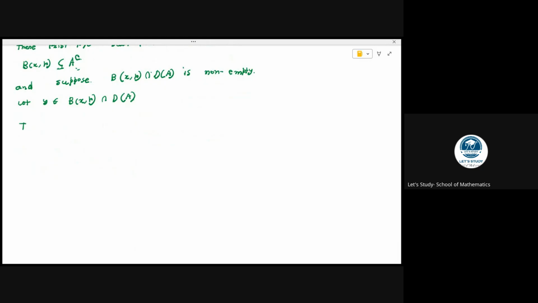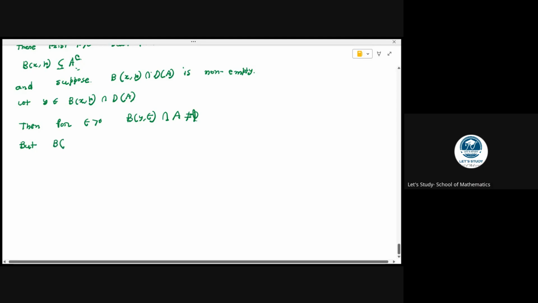Then for any epsilon greater than 0, B of y comma epsilon intersection A is non-empty. But basically we are trying to do it like this.